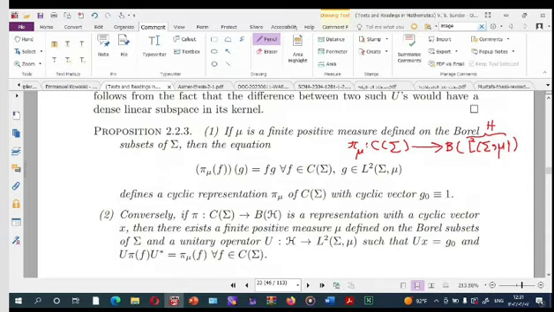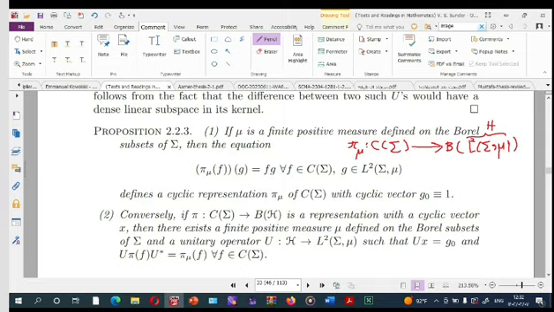Conversely, it is very nice because we can easily prove that this is a cyclic representation, and one is a cyclic vector for this representation.